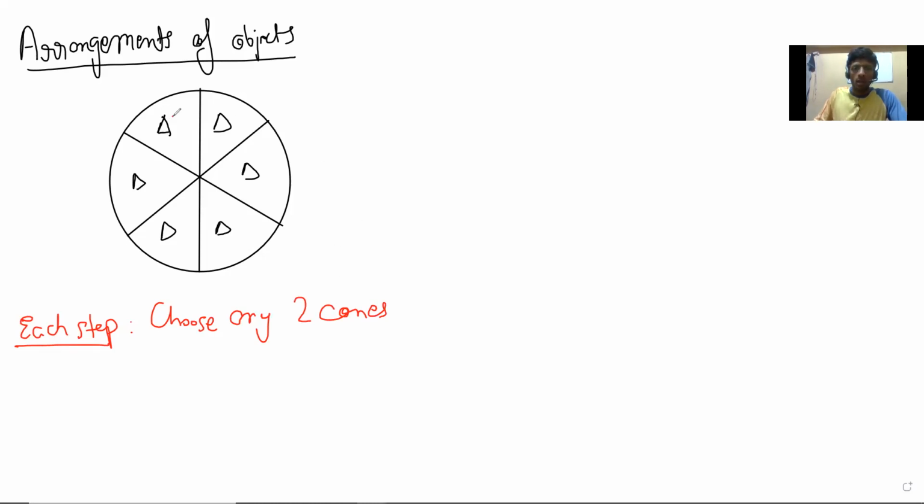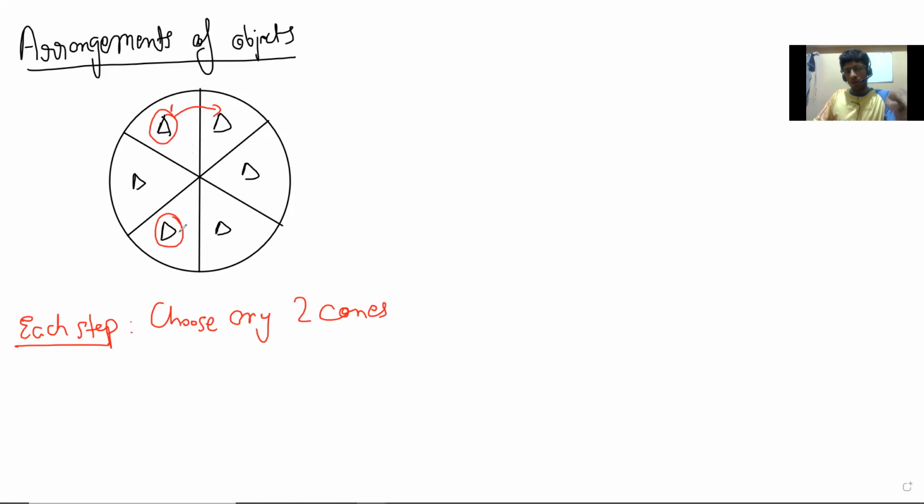So what do I mean? Suppose you pick this cone and you pick this cone. Then bordering sectors would mean you can move it to any two. So for the first cone that I've selected, you can either move it here, or you could even move it next to the other one here. But let's say you move it there.